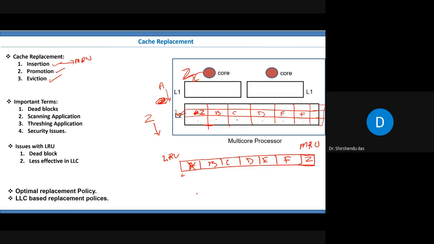Still you cannot replace it, because the block is currently MRU. It will only be replaced when it gradually moves from MRU to LRU. When it moves from MRU to LRU, all these blocks will either be replaced or accessed once again, so that they can be promoted to another position.